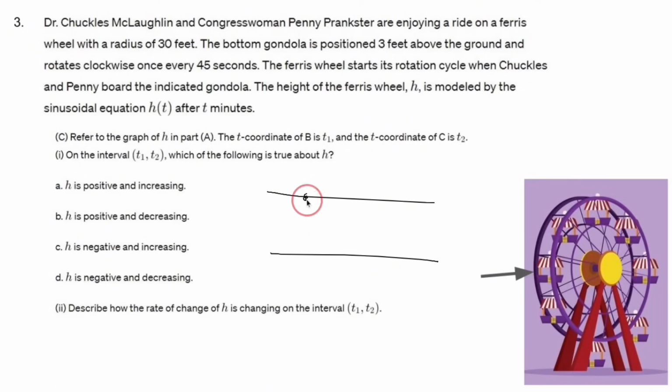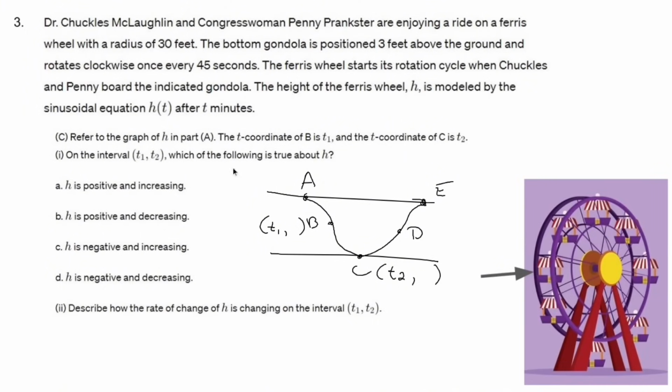Had A up here and then repeating at E. So you had A, B, C, D, and E. Drawn perfectly. It's telling me that the t coordinate for B is t sub 1. We actually know what it is, but it's t sub 1. It's telling me that C's x value is t sub 2.